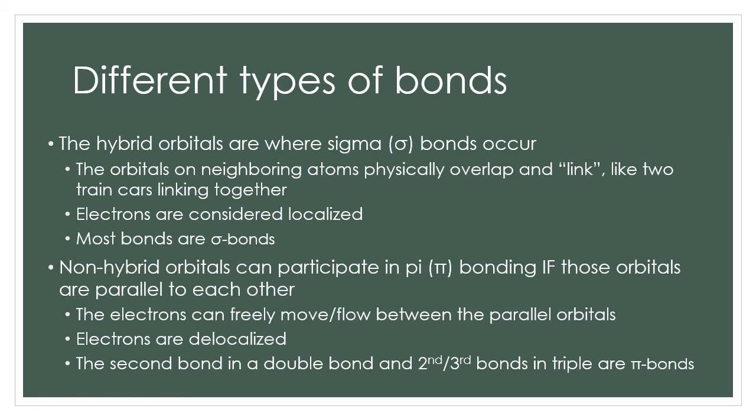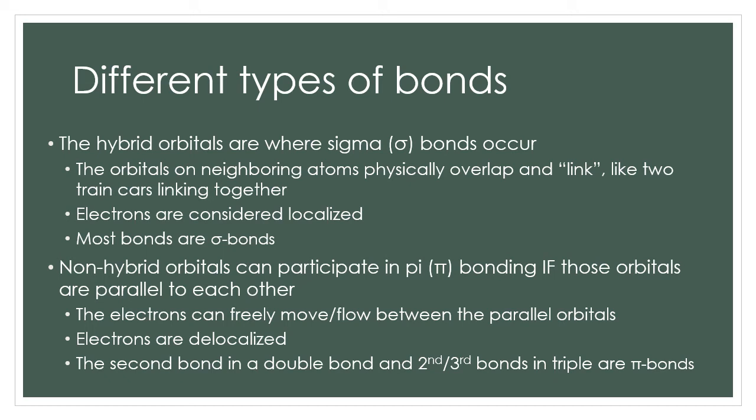A quick thing to note is that there are a couple different kinds of bonds that occur. The hybrid orbitals that we have been discussing are where sigma bonding occurs. These are our primary bonds, the ones that are stereotypically thought of. How these function is that the orbitals on neighboring atoms physically overlap in their space and link together, kind of like train cars linking together with their linkers.